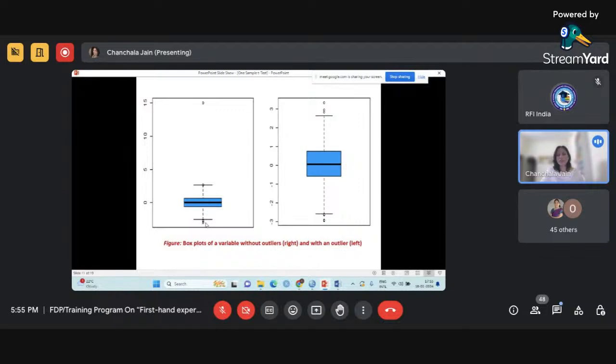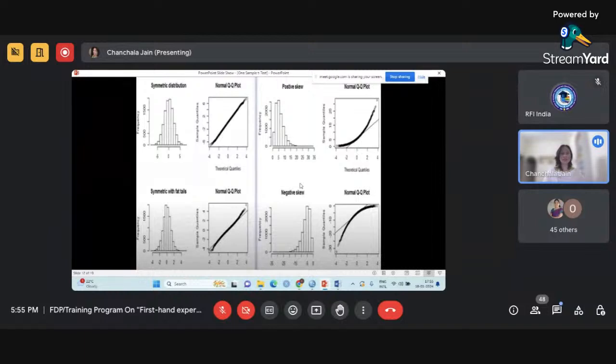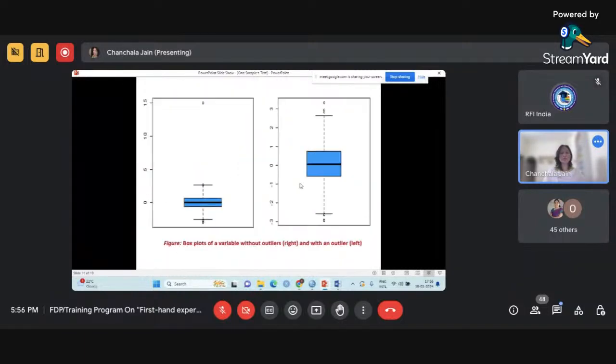For the significant outliers, we get the asterisk sign in SPSS. So looking at the data, we can check whether the data has any outlier or not. This way, we can check the assumption of the one sample t-test.